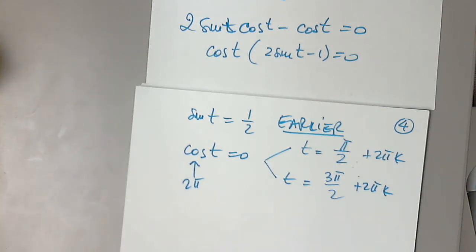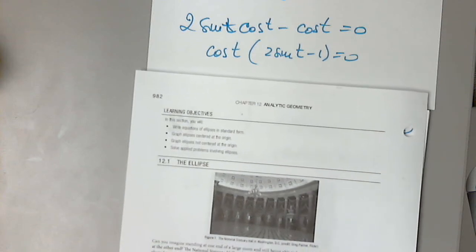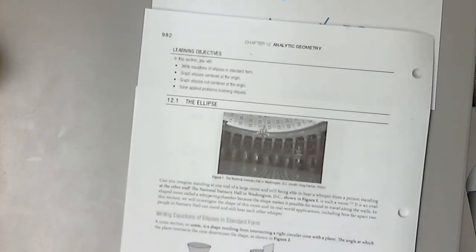The next topic we have to look at is the conic sections. And I like this graph that they present in the book, because I'm sure you're going to ask why we even need to look at conic sections, like the parabola, hyperbola, and the ellipse.